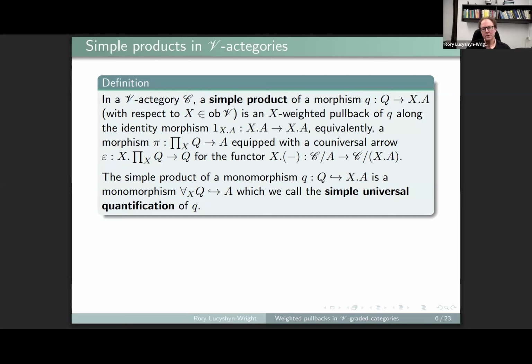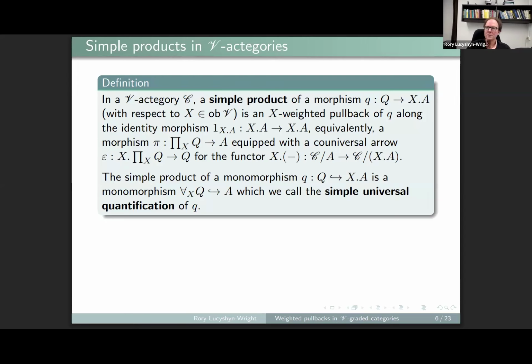It's in the world of fibrations and index categories that the Beck-Chevalley condition becomes relevant. When we generalize these concepts, not from just morphisms down to a base object, but to the more general setting of fibrations, then we actually have to start asking for Beck-Chevalley conditions.